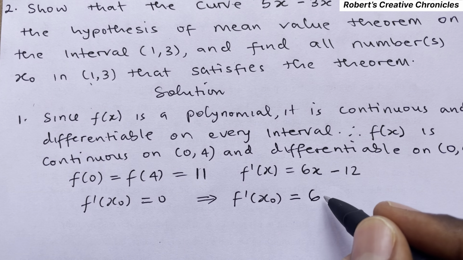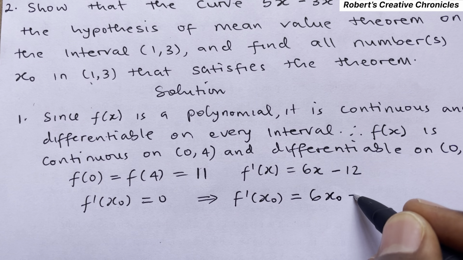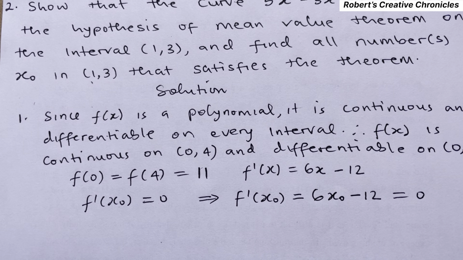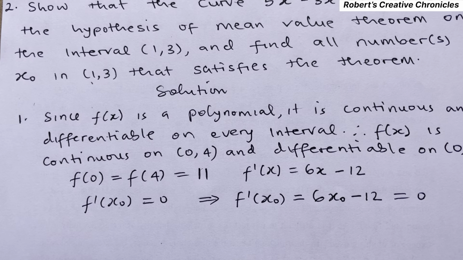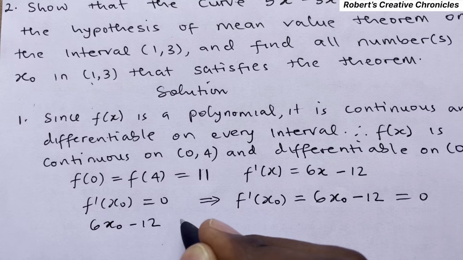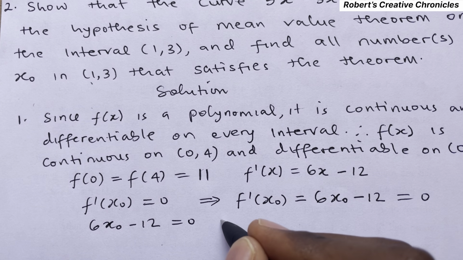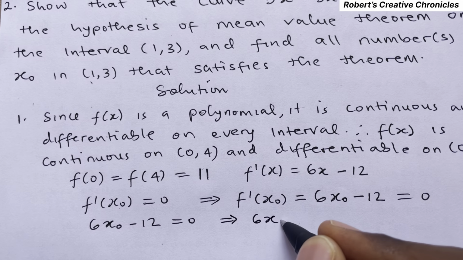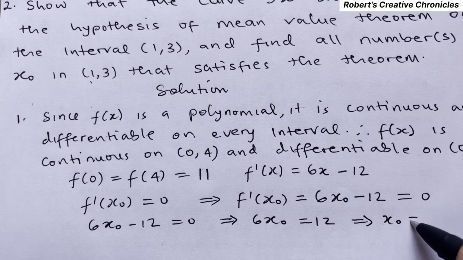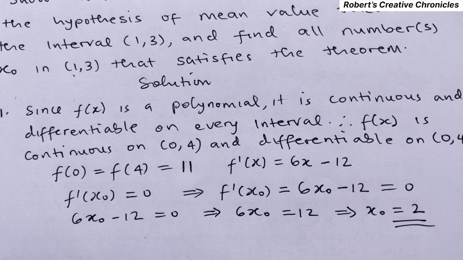So f prime x0 is equal to 6x0 minus 12, and this is equal to 0. So 6x0 is equal to 12. Then x0 is equal to 12 over 6, which is 2. So x0 is equal to 2.